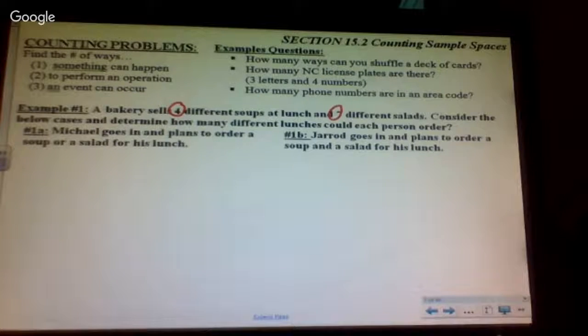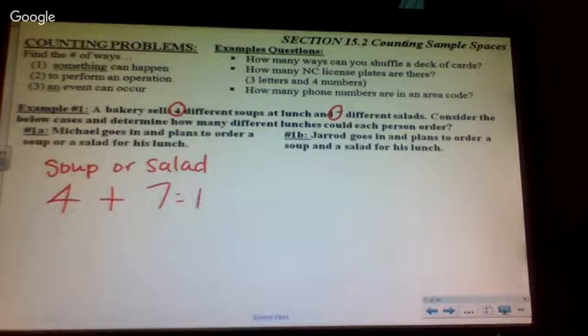So I've got soup or salad. How many options do we have for soup? 4. What does the word or mean in probability? Add. Or means to add every time. Salad, we've got 7 options, which gives us a total of 11.